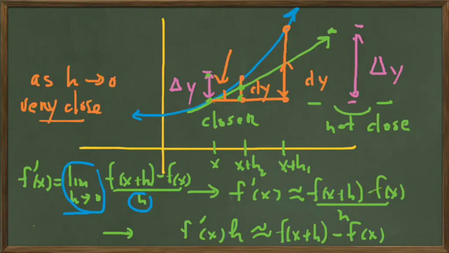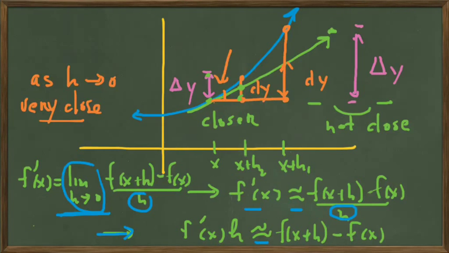First we have removed the limit as h goes to 0 and said that in that case f prime is approximately f of x plus h minus f of x over h, and then we have multiplied both sides of that expression by h. When we write it in this way, the left side is approximately equal to the right side, and that approximation is better and better as h gets smaller.